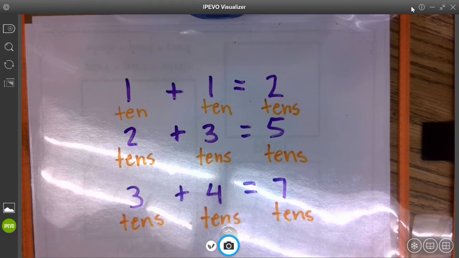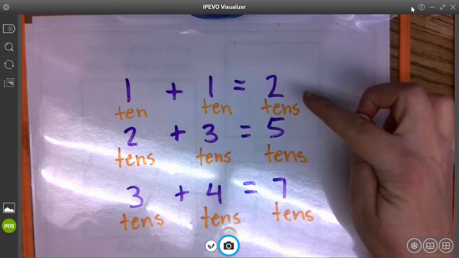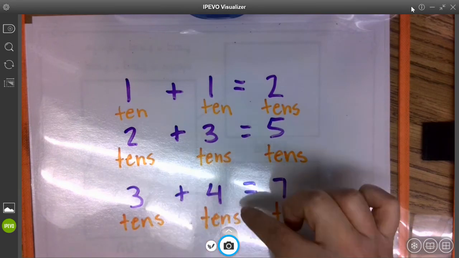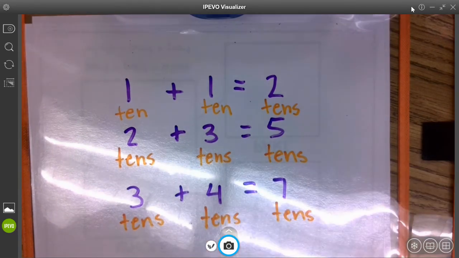Now, I'm going to trade these phrases, 1 ten, 1 ten, 2 tens, 2 tens, 3 tens, 5 tens, 3 tens, 4 tens, 7 tens. We're going to trade those for the numbers they represent.